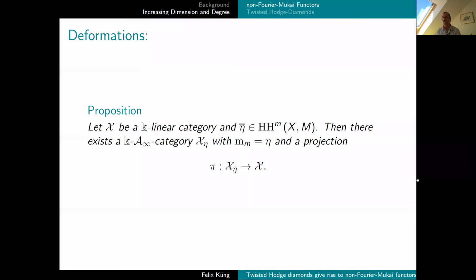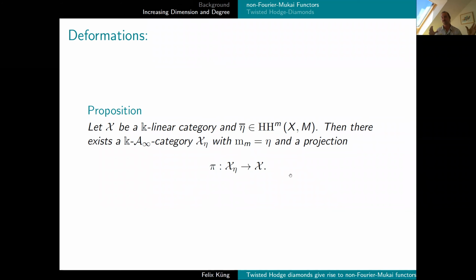So you just take a category and say, I've got this eta there in Hochschild cohomology, so I just add it and get a new category. And if you forget about this new eta, you get your original category, of course. And so that's why it comes with a natural projection pi from X_eta to X.